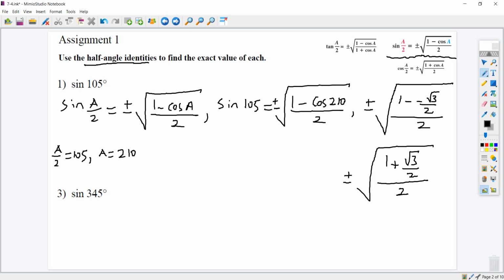So the first answer is plus minus square root of 1 plus root 3 over 2, over 2. I know the answer is not something very cool like a whole number, but that's okay. We are working on trigonometry. It's obvious that we may have this kind of answers. Make sure you are writing this down. Take notes, because that's how math works.